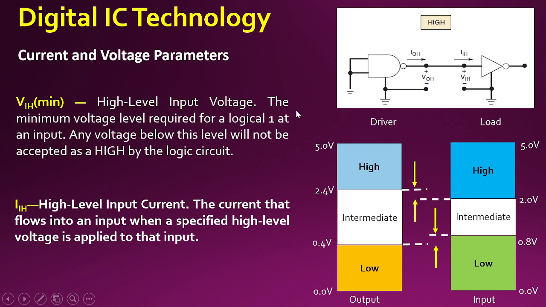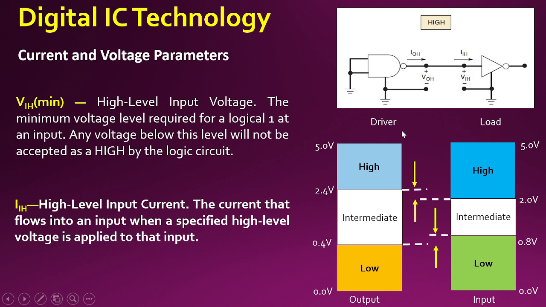Now, let us assume that the output of this NAND gate is high. So, we are considering the situation when the logic is high at the output. We have to remember one thing: the output of this is getting connected to the input of this. So, there are actually two sides of any logical circuit. One is the input, another is the output. So we will have to consider the input voltage profile, as well as the output voltage profile.